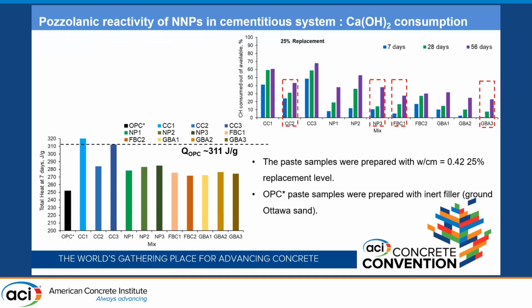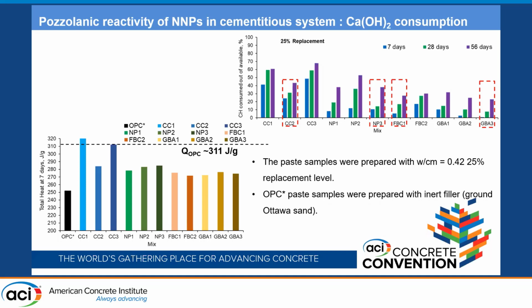Overall, compared to the reference sample, which is the OPC sample blended with inert filler, all the materials showed some Pozzolanic reactivity. But we can also classify the calcined clays as the most reactive, the ashes as the least reactive, and the natural Pozzolans in between that range.